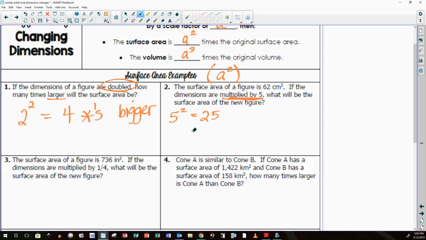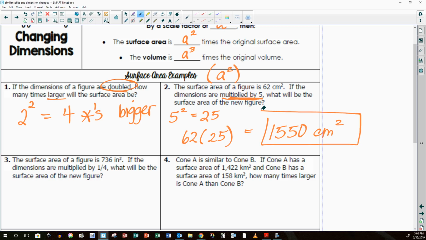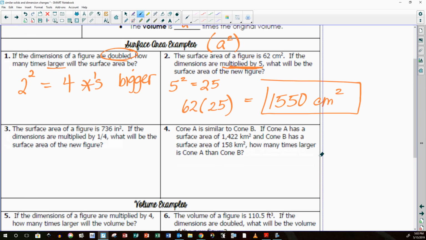So you take your original and multiply it by 25. So 62 times 25, the new area will be 1,550 centimeters squared.